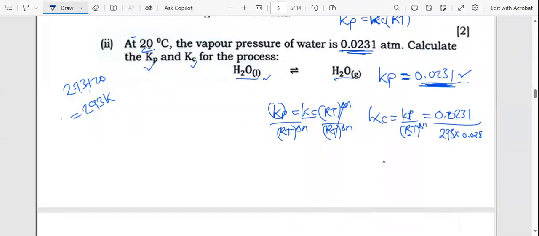We write the expression to say Kc is equal to Kp, 0.0231 over the value of T, like I said, we had put 293 Kelvin, then times, remember first before that, we need the change in moles, this power that I've been writing, this change in moles.